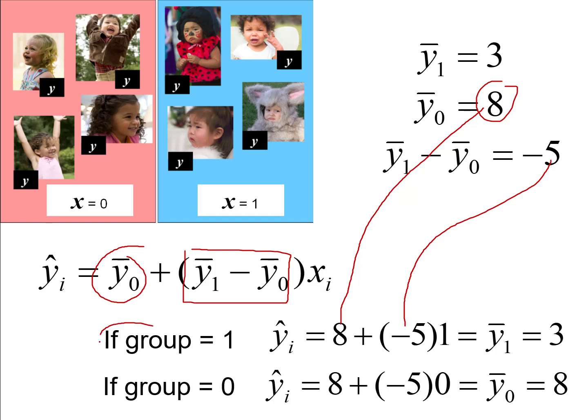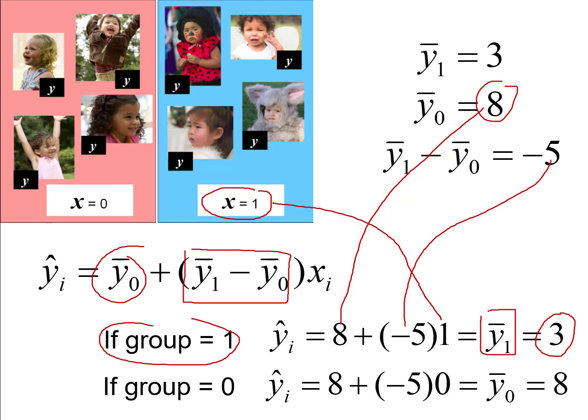And then if you're in group 1, your score on x will be equal to 1. So I'm going to plug that in right here. And if I take 8 plus -5 times 1, that gives me 3. And 3 is the mean for our group 1. If you're in group 1, the mean for group 1 is a 3. So this works out right.